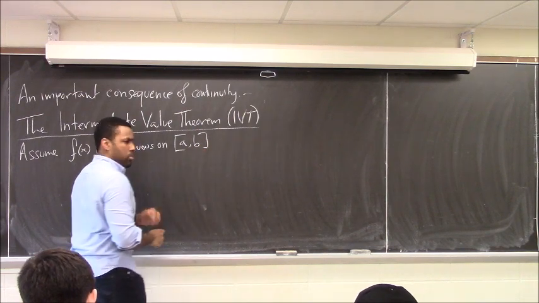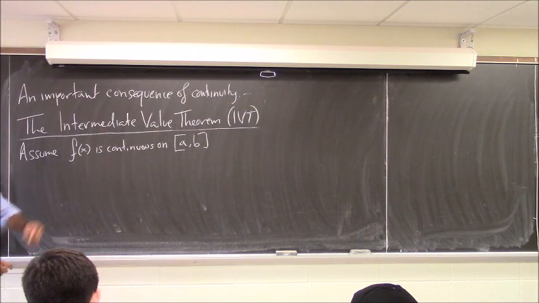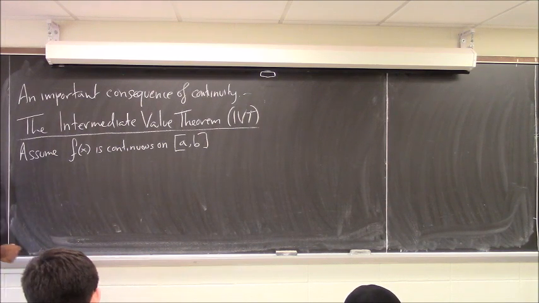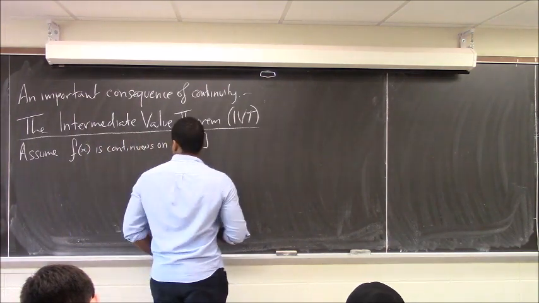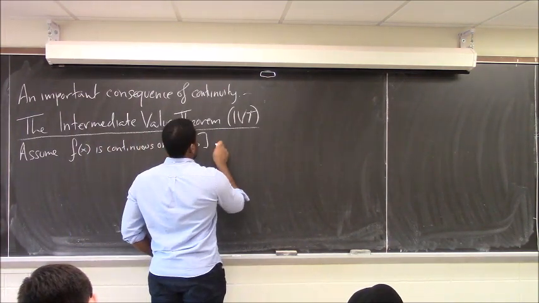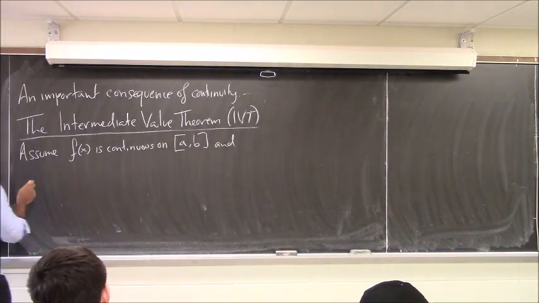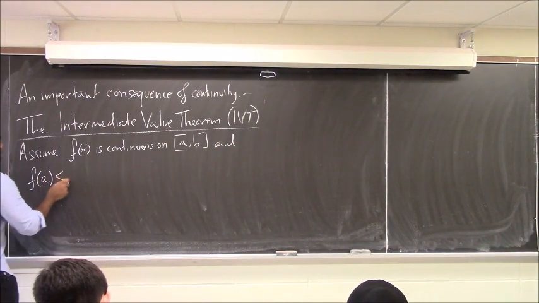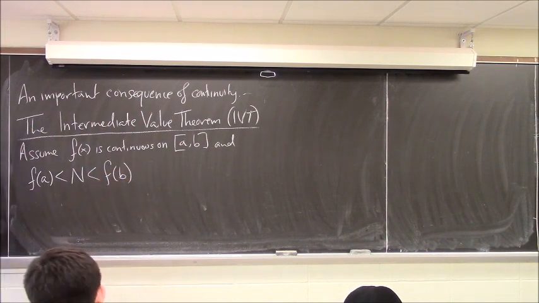Closed interval. It's important you pay attention to the intervals. We'll have a couple of theorems where we're talking about a certain interval. So if something is continuous on the closed interval [a, b], and let's say f of a is less than N, or N is less than f of b.